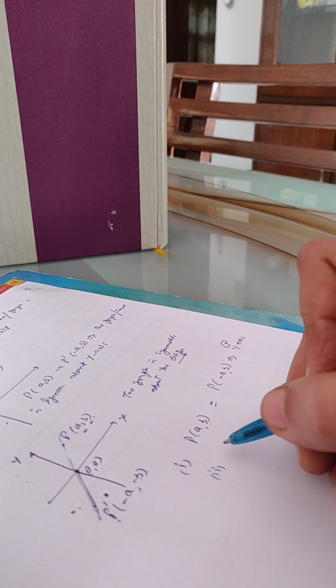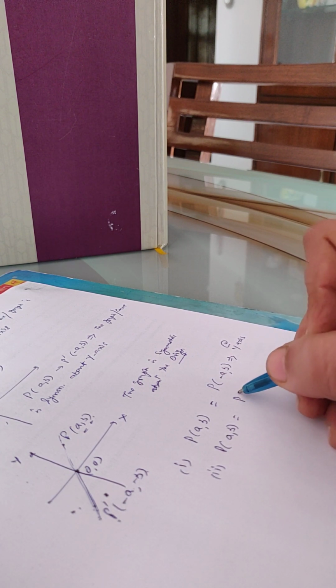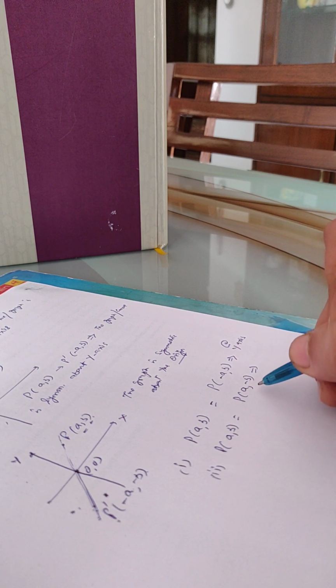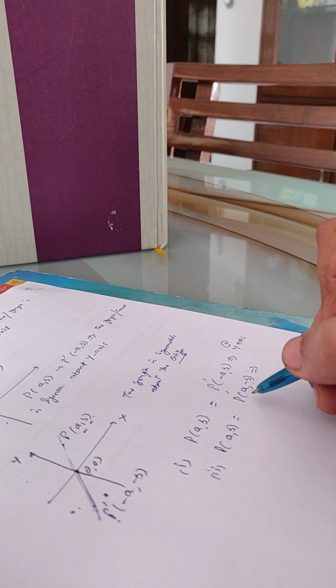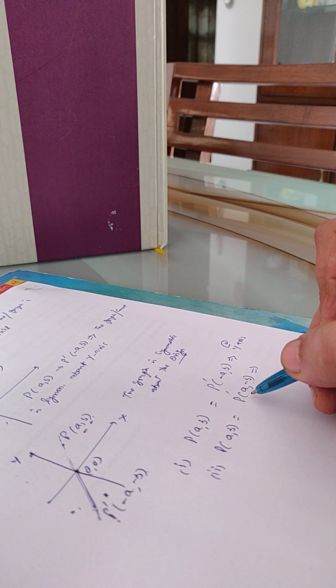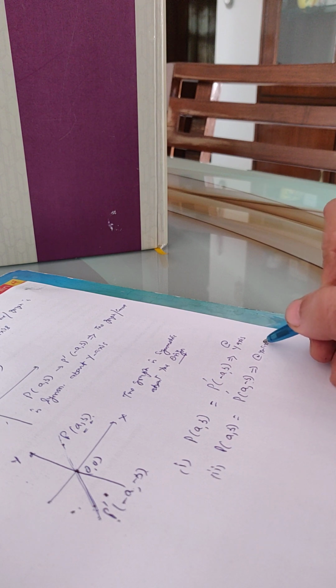And if P of (a, b) is equal to P of (a, minus b), any point giving its reflection like this, then we say it is symmetric about the x-axis.